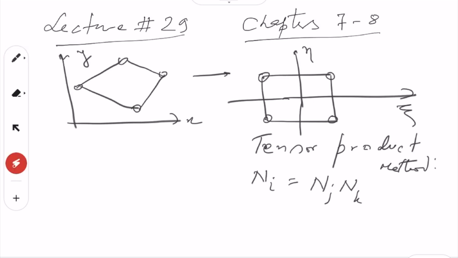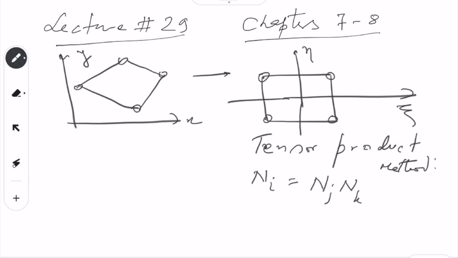We have two linear shape functions, which denote not 2D but 1D shape functions.